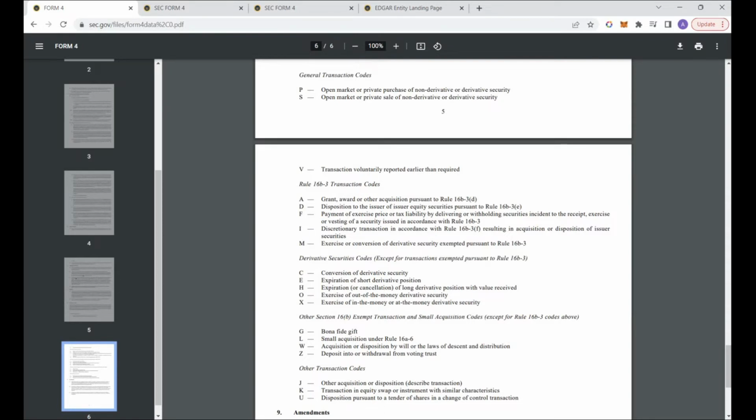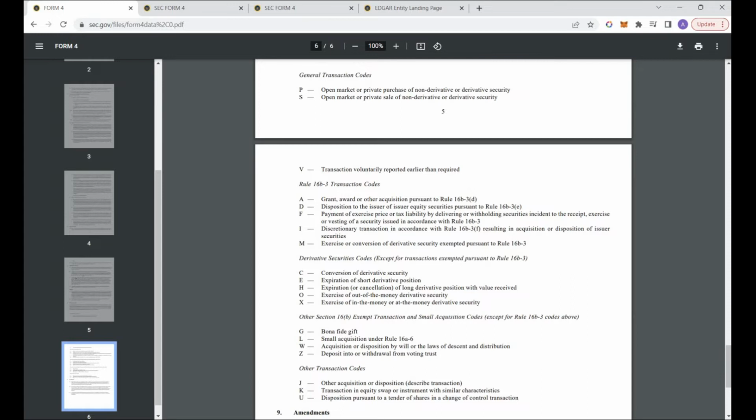Next most common transaction code you might see is F. So F is basically what it says here: payment of exercise price or tax liability by delivering or withholding securities to the recipient. So basically, when you're an executive and you receive stock options or restricted stock units as a part of your compensation plan, you are taxed when you exercise them.